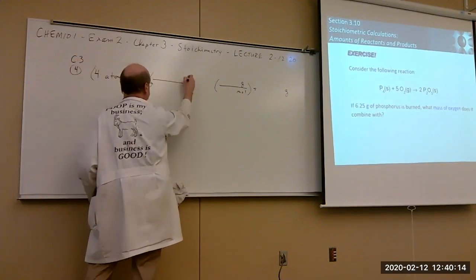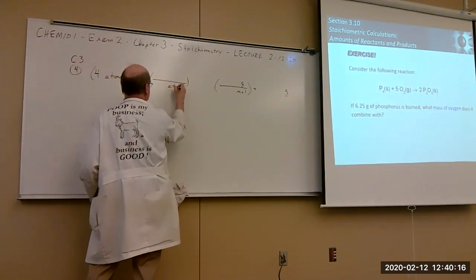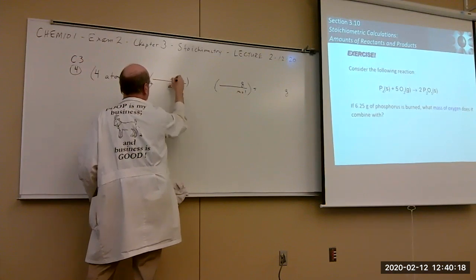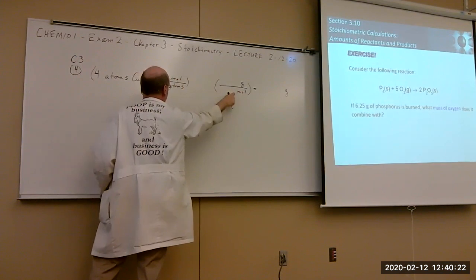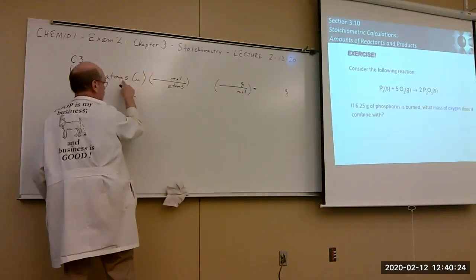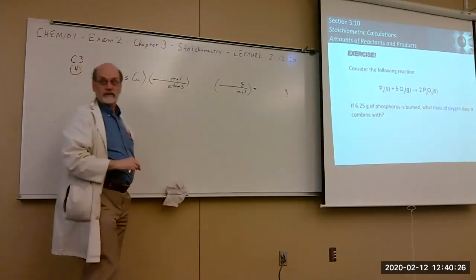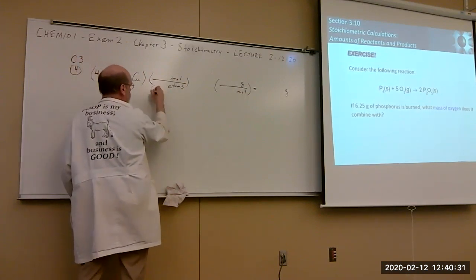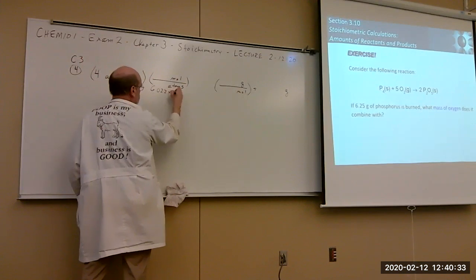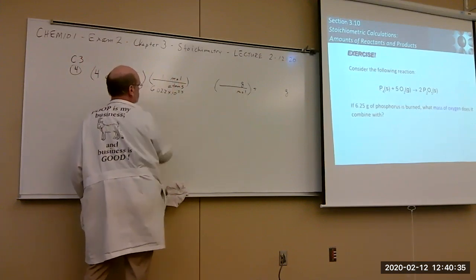So if we say this, and say atoms and moles on top, then that will give us cancellation for this one and that one, and cancellation for this one and that one, and leave us with grams. So we just need to know 6.022 times 10^23 here.